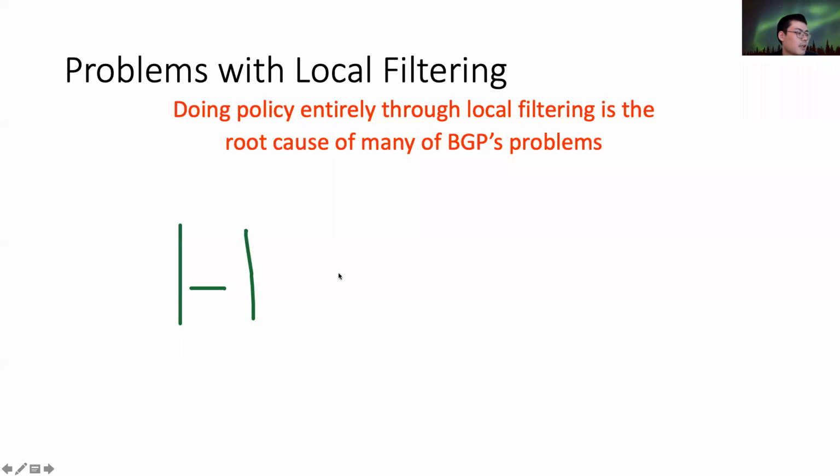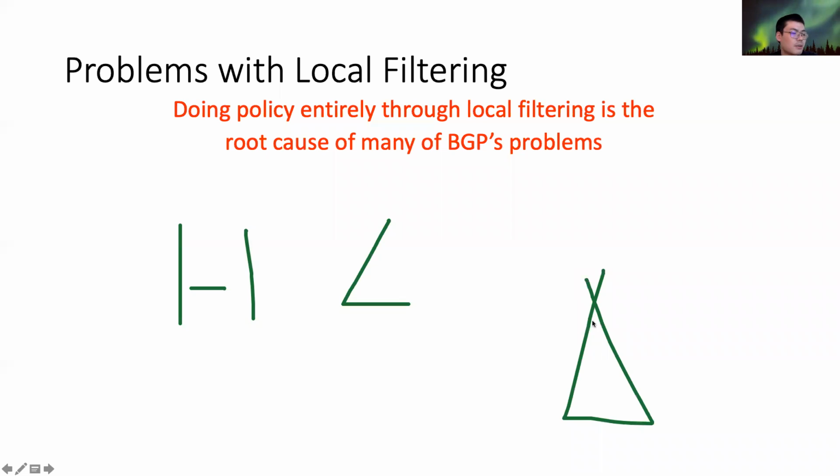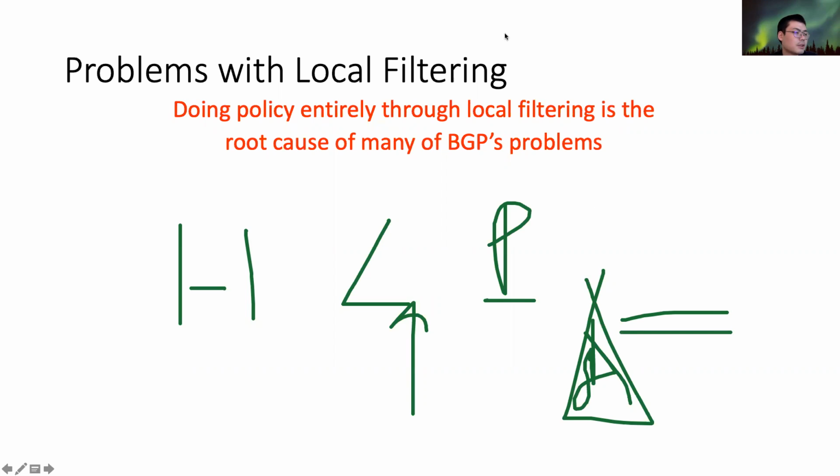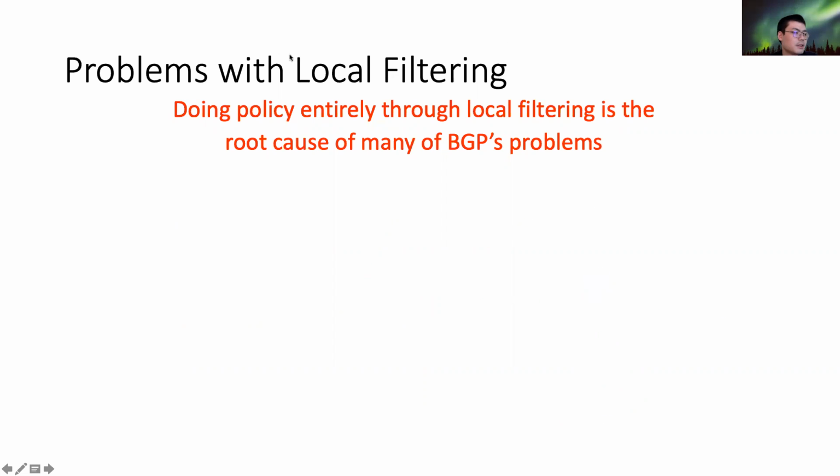Hybrid link state means using link state within the same hierarchy of service, between the service provider and the customer. There you use link state like OSPF, and then you use path vector for the horizontal links. So this is the improved BGP protocol, called HLP.